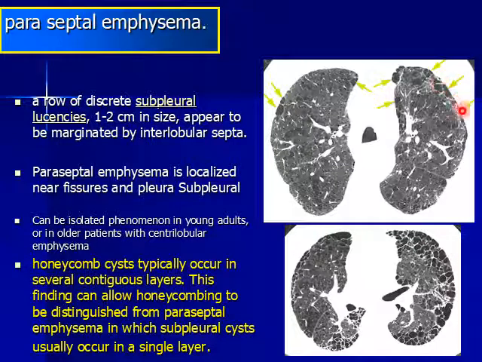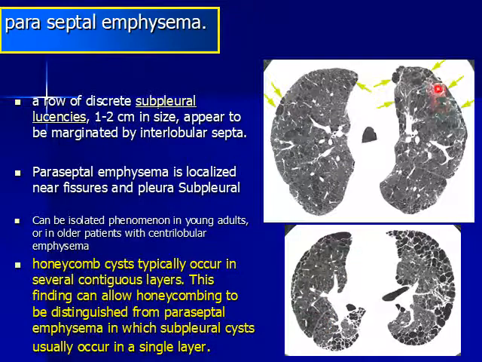This is paraseptal emphysema, and this is honeycombing. How can we differentiate both having the same appearance? Paraseptal emphysema, one row only. Honeycombing usually presents as multiple rows. In addition, there are no signs of lung fibrosis, but here we can see other signs of lung fibrosis such as traction bronchiectasis, distortion of the lung parenchyma, and so on.